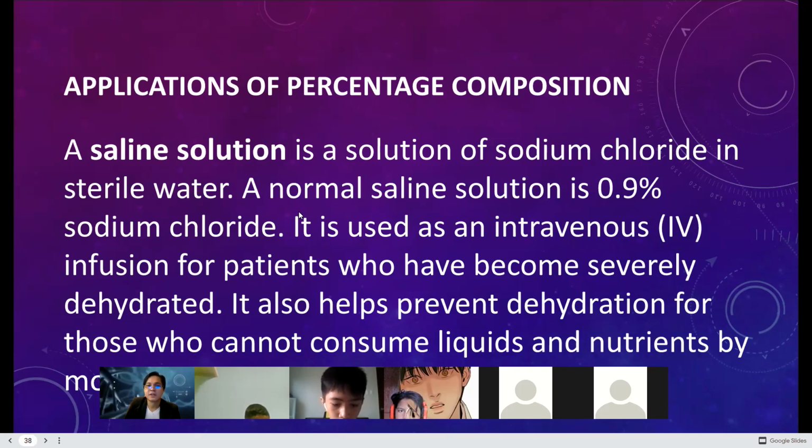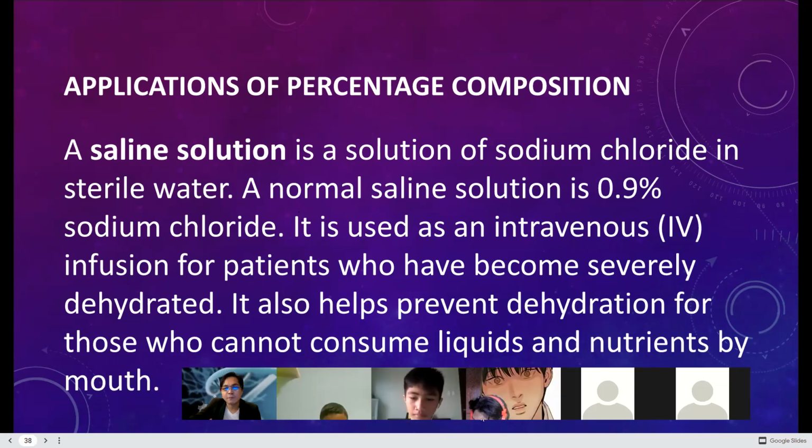It is used as an intravenous or IV infusion for patients who have become severely dehydrated. It also prevents dehydration for those who cannot consume liquids and nutrients by mouth.